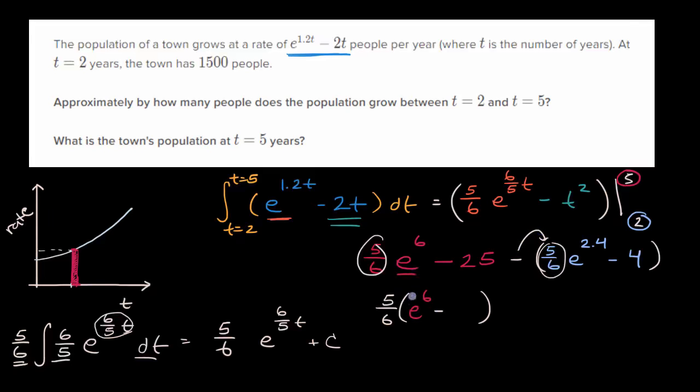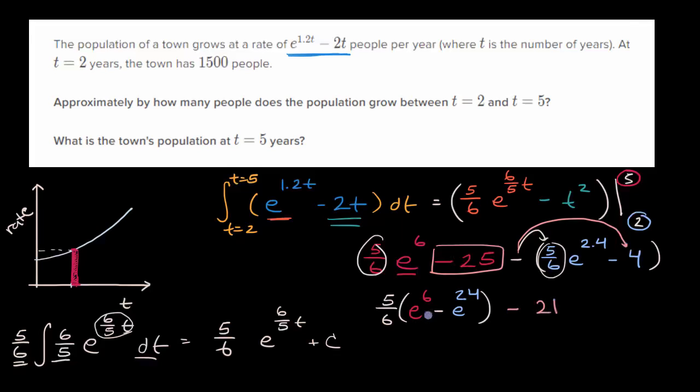And then we have minus 25, and then you have minus negative 4, so that would be plus 4. So that would be minus 21.